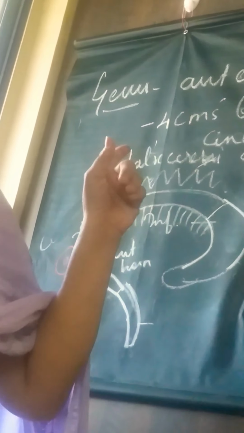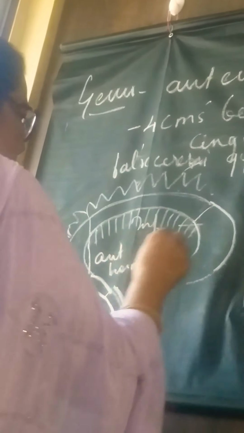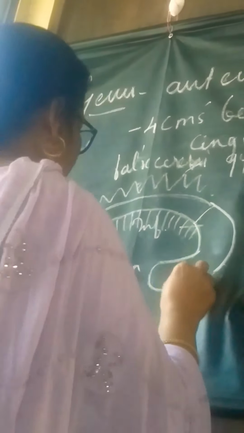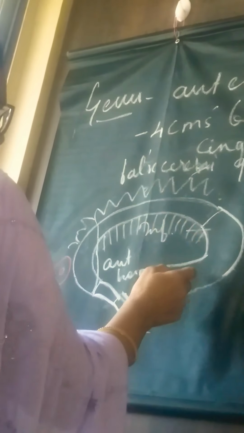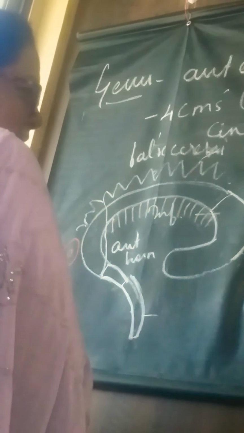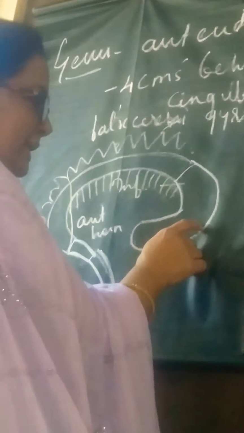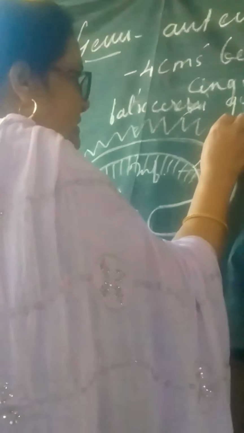It is the thickest part of the corpus callosum. If you see the whole of the corpus callosum, it is slightly narrower, but this is the thickest part.